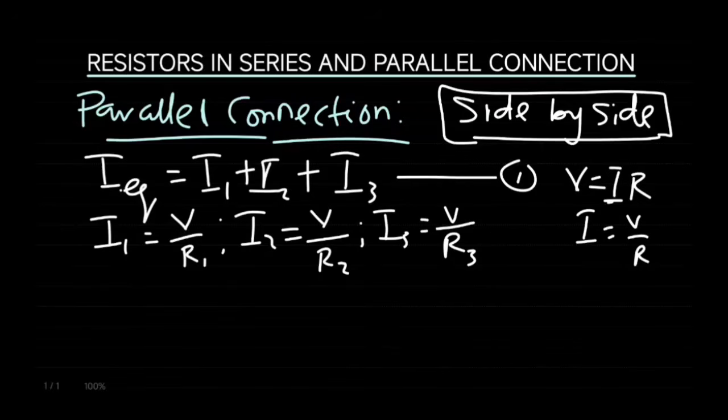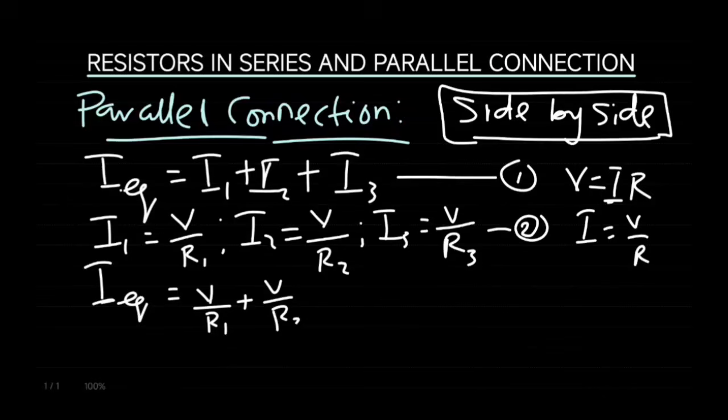So therefore, let's put equation 2 into equation 1. We'll have I equivalent is equal to V all over R1 plus V all over R2 plus V all over R3. Now what's common in this equation? V is common.